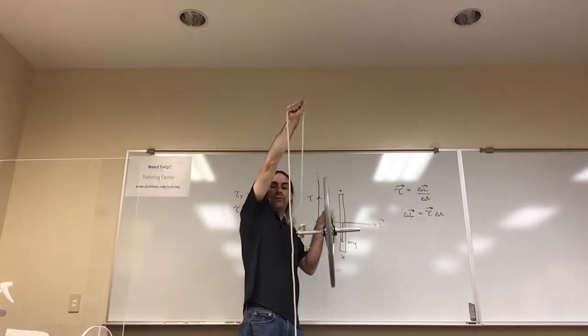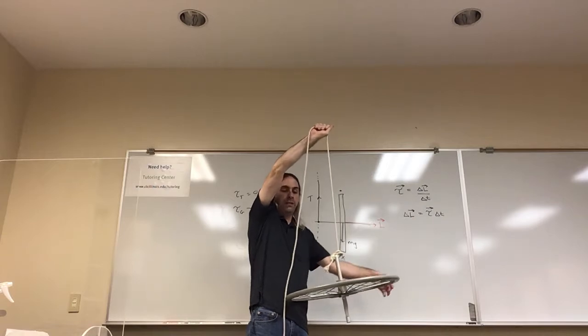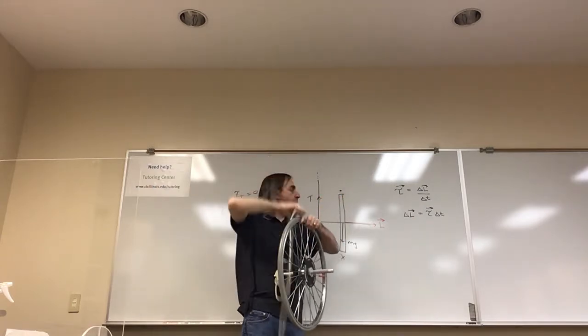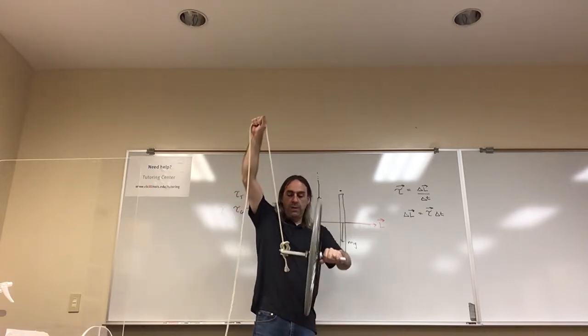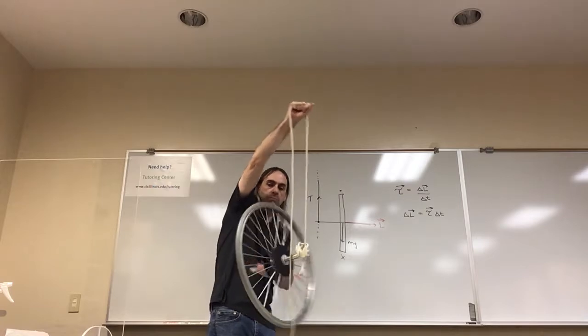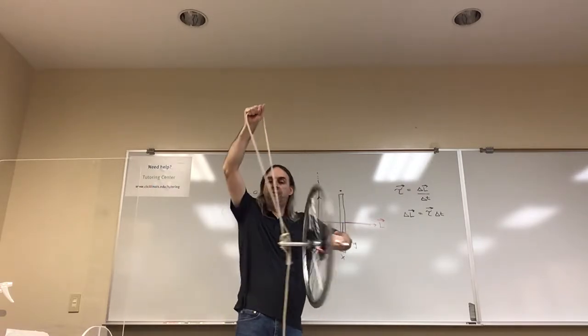If I just let it go without spinning, it's going to fall down like this. But if it's spinning, the angular momentum should turn into the board. So it should start spinning like this, in this direction, not that way.